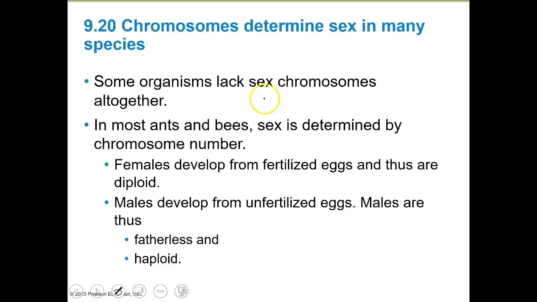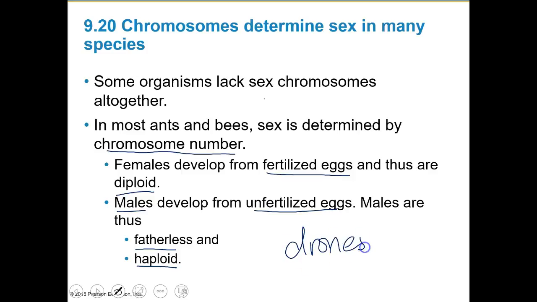Some organisms lack sex chromosomes altogether. In most ants and bees, sex is determined by chromosome number, which is really fascinating. Females develop from fertilized eggs and are diploid. Males develop from unfertilized eggs and are fatherless and haploid. That's why they call them drones.